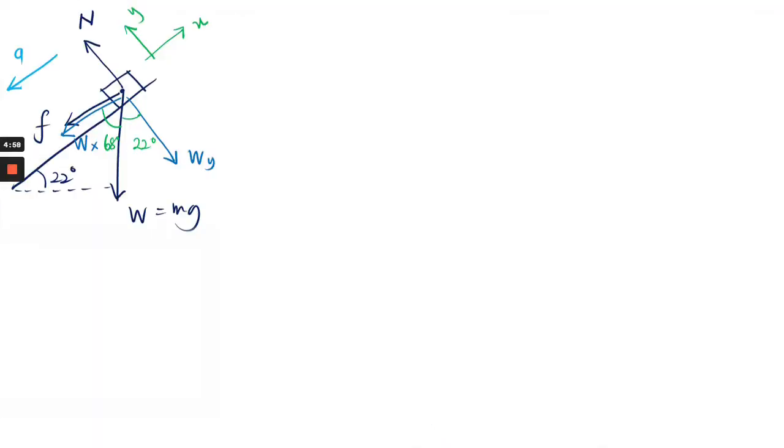Now we will apply Newton's laws of motion based on our free body diagram as well as the acceleration that we have calculated. For the first one, we start with the x component: the total force on the x component is equal to ma. Because acceleration is directed towards the negative x direction, it is going to be negative ma.